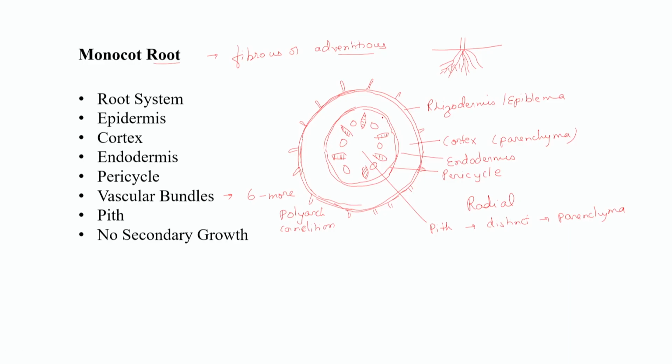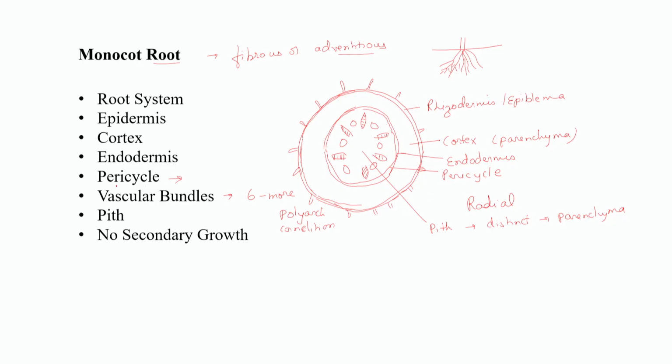Now here you will see endodermis and pericycle. However, the difference between the pericycle of monocot as well as dicot is that the pericycle will not participate in secondary growth formation as it does in the dicot root, because dicot roots are quite wide, thick and big, so they undergo secondary growth.